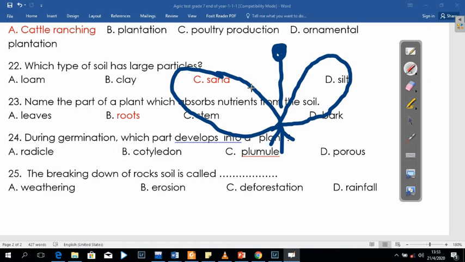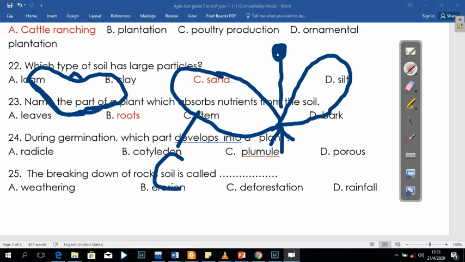So here we are saying that this part here is the cotyledon. I'm just putting C to represent cotyledon, right? And we have to know, on a bean seed, let me try to draw something again like this. My bean seed is kind of something else, never mind.